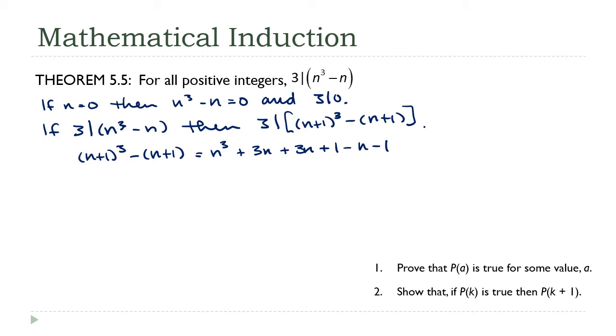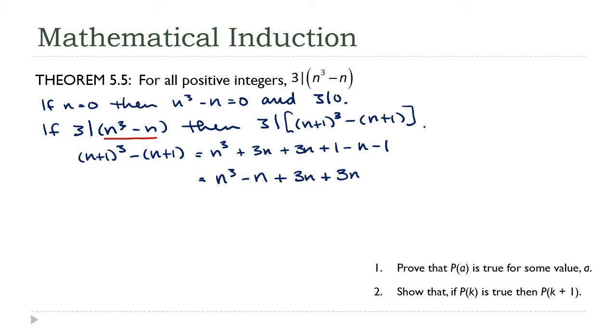And if you look back at the inductive hypothesis, there's a minus n in there. So I would like for there to be a minus n in my expression. So here's what I'm going to do. I'm going to rearrange this. I'm going to bring the minus n up to the front: n cubed minus n plus 3n squared plus 3n.